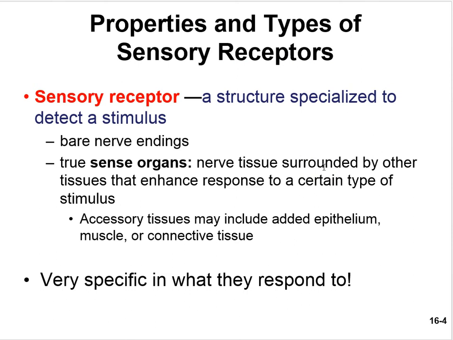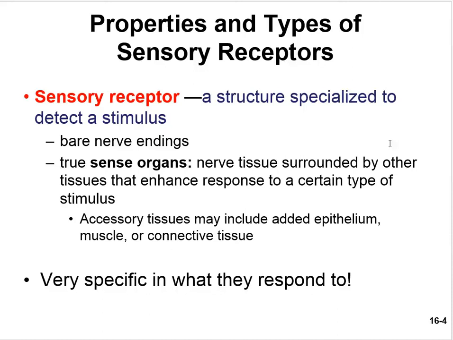So a sensory receptor is a structure specialized to detect a stimulus. Sometimes it can contain just some bare nerve endings. True sense organs actually have nerve tissue surrounded by other tissues that will enhance the response to a certain type of stimulus. Sometimes those are called accessory tissues, and it can be epithelium, muscle, and connective tissue. But all in all, receptors are very specific in what they respond to.